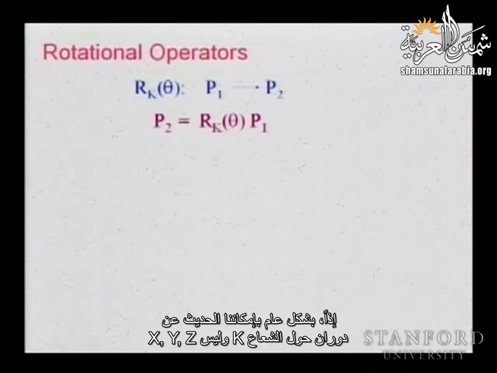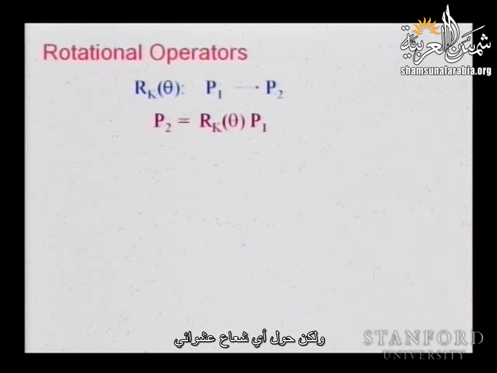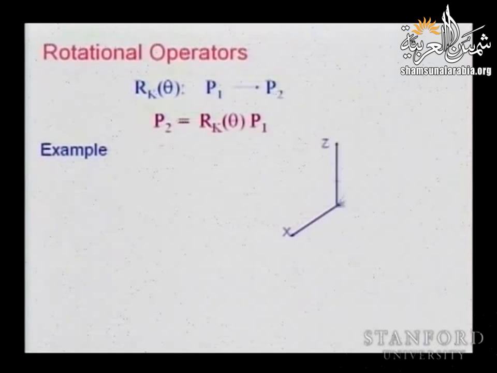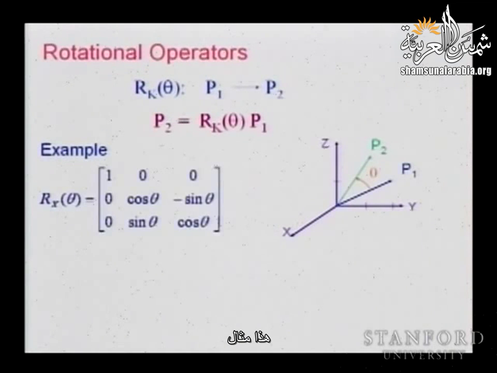So in general, we can talk about a rotation about a k vector, not the x, y, z, but any arbitrary vector. And it rotates a vector P1 into vector P2. So here is an example. This is a rotation about the x-axis. So the x-axis is 1, 0, 0, and the rotation about the x-axis is of theta.